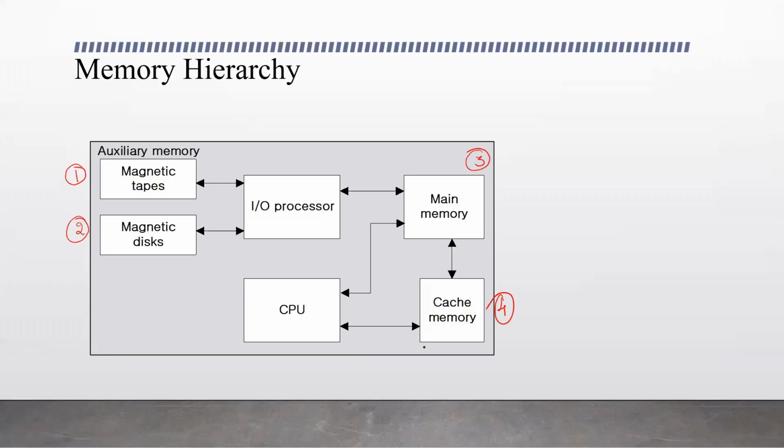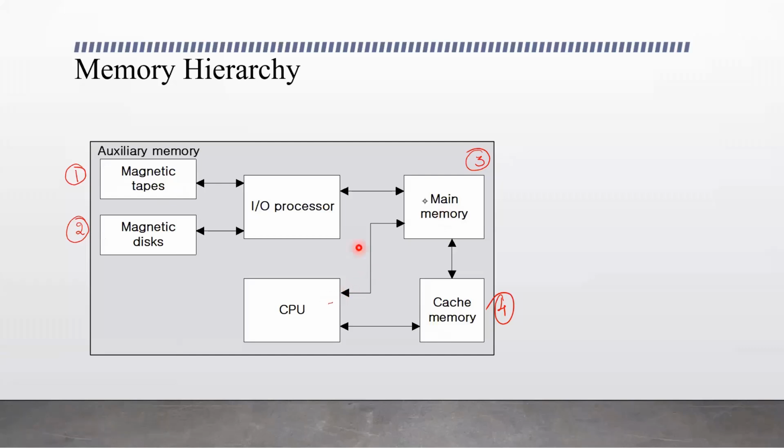So let's come to cache memory. It is here in the hierarchy. If you see, main memory comes in the center. Main memory is directly connected to the CPU.